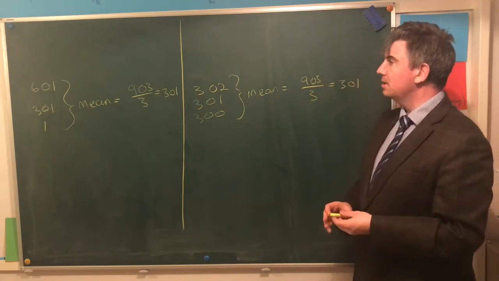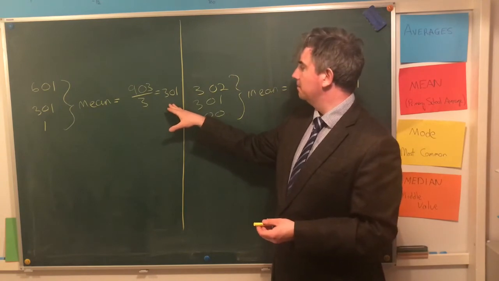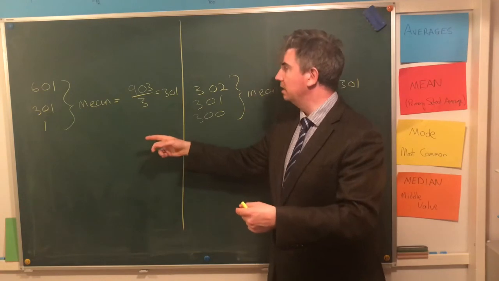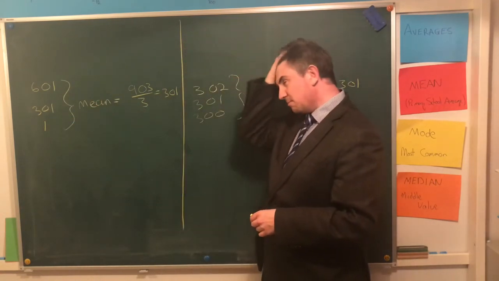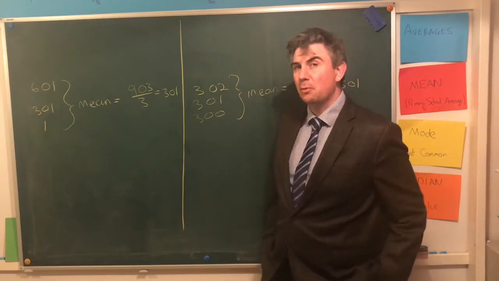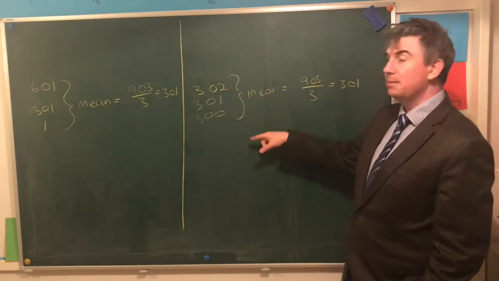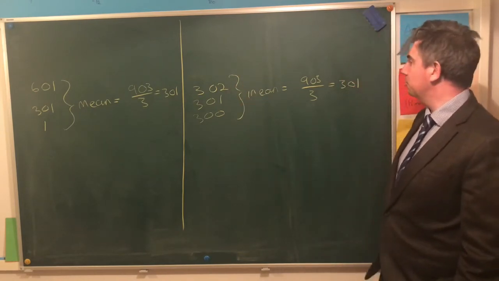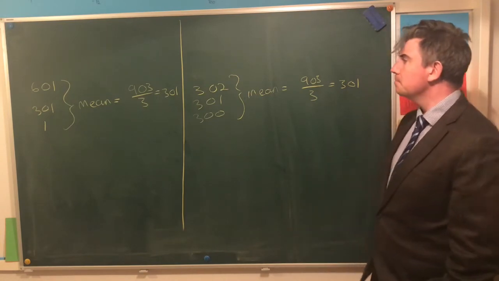But this claim here is a lot weaker, because if we were going to estimate that the next value in this data set would be around 301, well, I don't think we could really say that with much certainty, right? But if we were to make the same claim here, well, the mean of these 3 points here is 301, so yeah, I think the next one could be around 301, right?